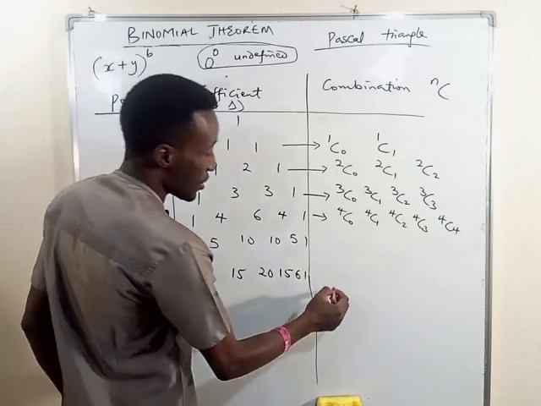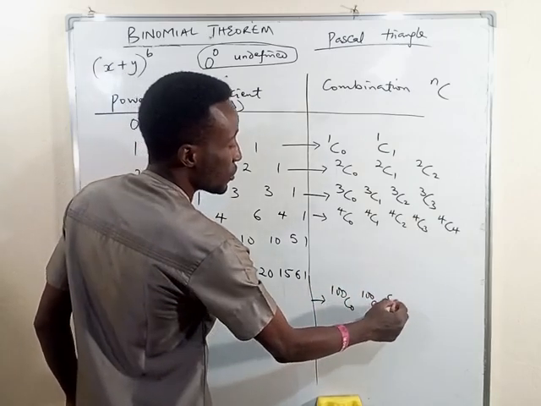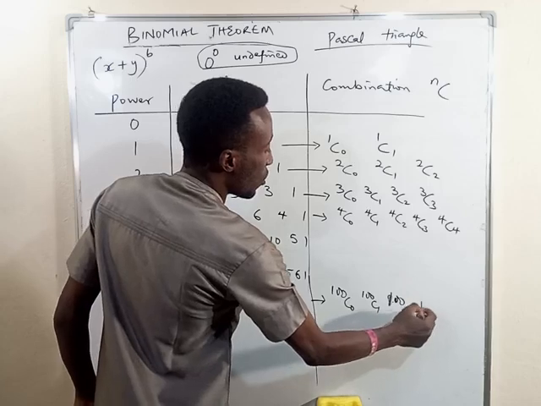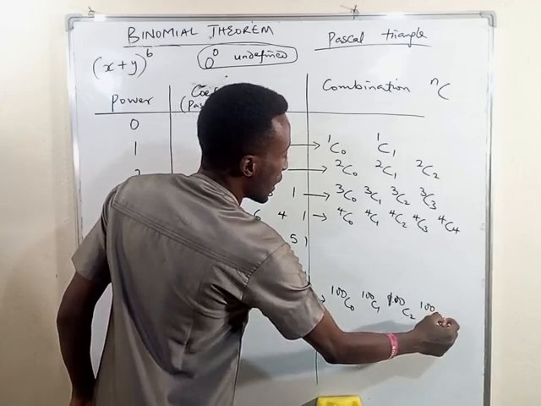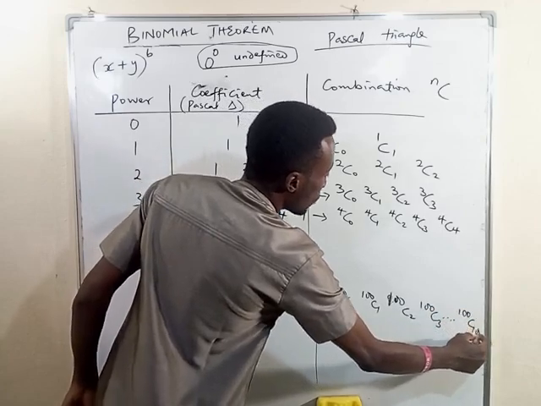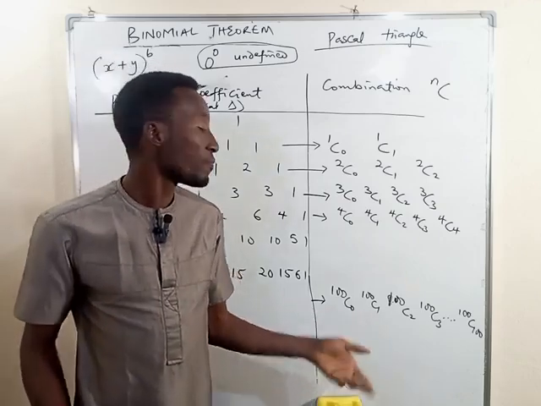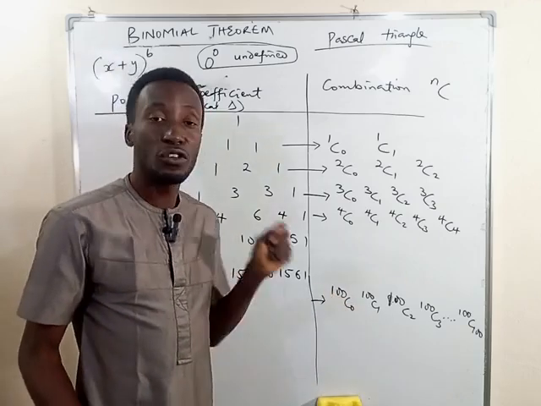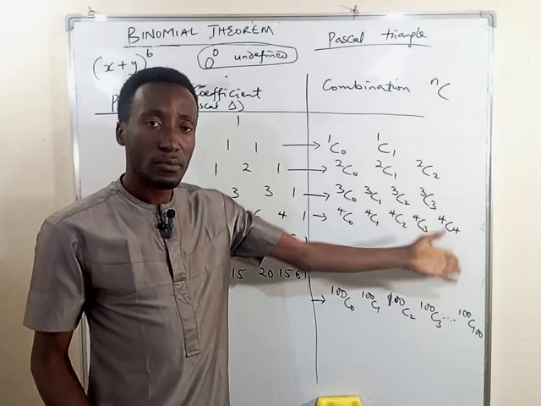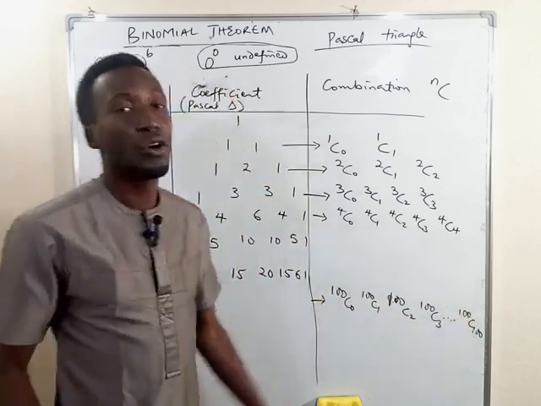How do you write it? You start 100 combination 0, 100 combination 1, 100 combination 2, 100 combination 3, until you get to 100 combination 100. When you press this with your calculator, it's much easier. You just press 100 combination 0, you get the coefficient, 100 combination 1, you get a coefficient, and in that manner you get it up to the last, 100 combination 100.